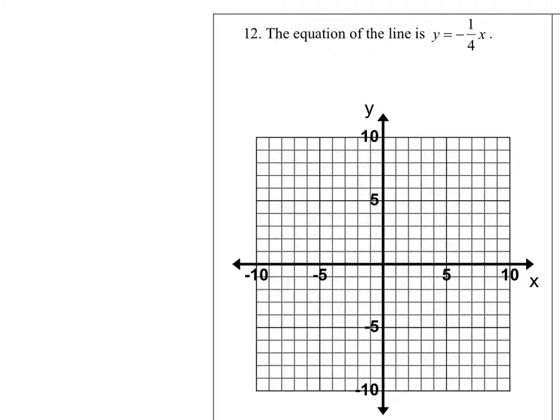All right, let's graph this equation. Y equals negative 1/4 x. So what's the y-intercept on this equation? It's 0, right? We would have to add 0 to that. So the y-intercept is at 0, 0, which is radical. And then we've got the slope, which is negative 1/4.